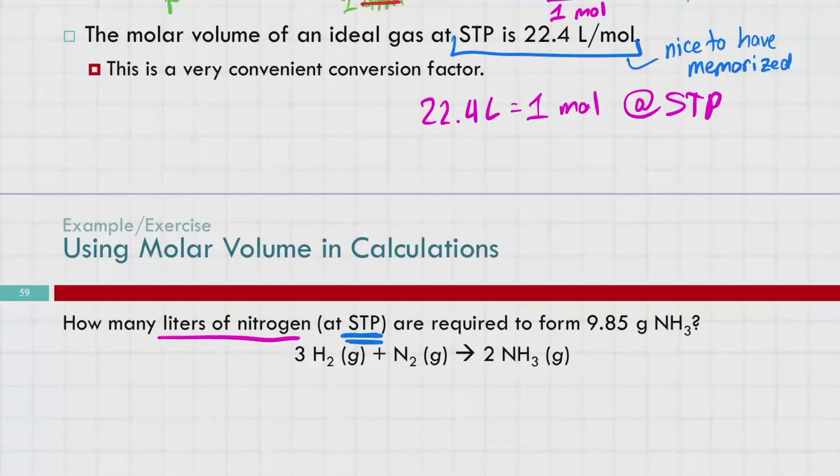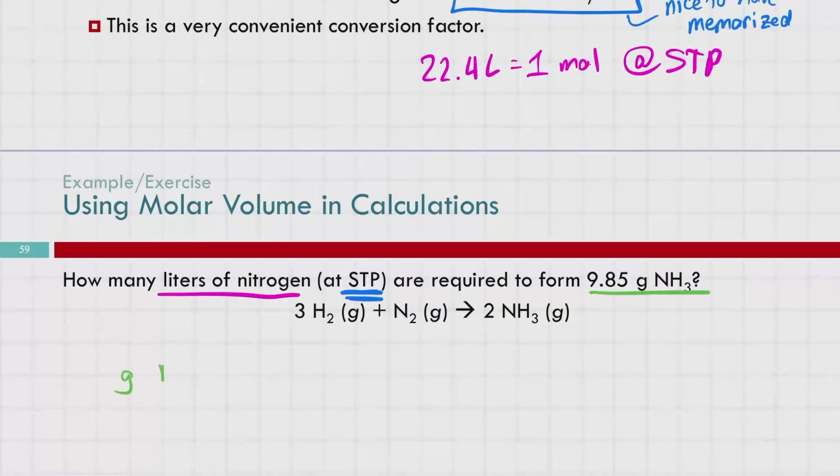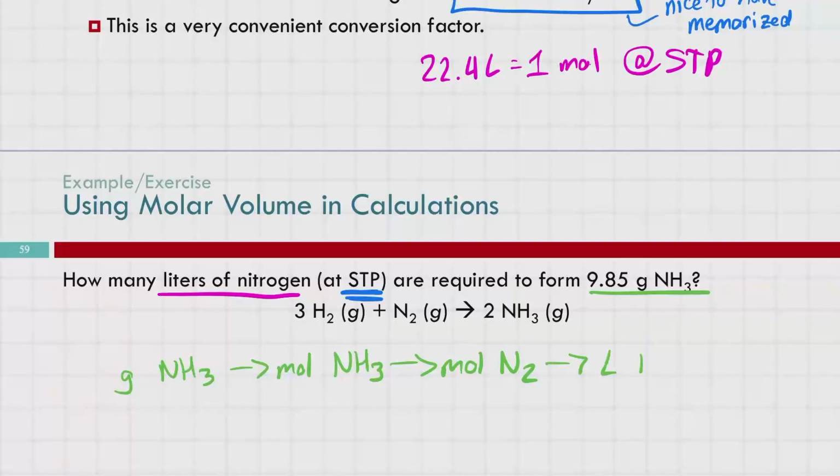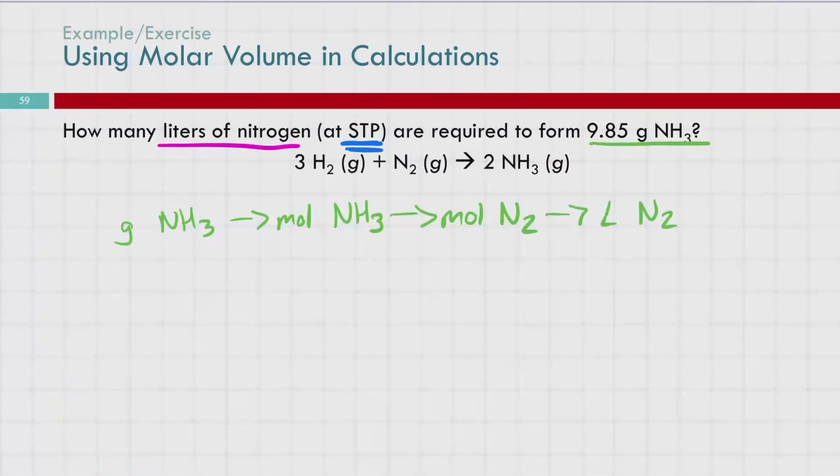And we're given 9.85 grams of NH3. Our solution map: grams NH3, we can turn that into moles NH3. We can turn that into moles N2, we can turn that into liters of N2. That's what our full solution map will look like. We're going to need a couple things.